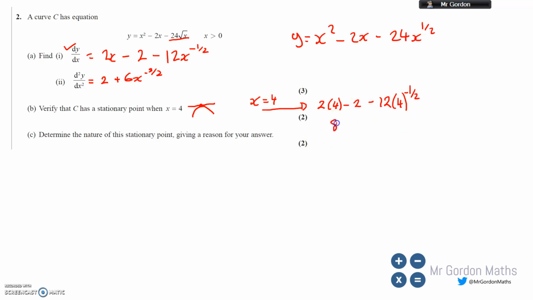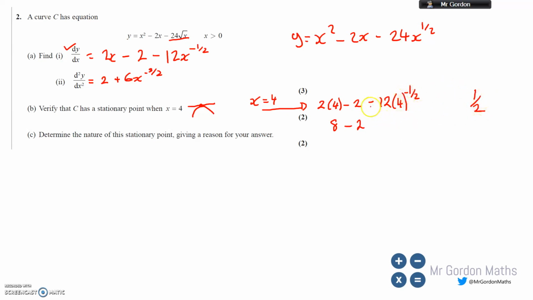Okay, and what does that look like really? So you've got 8 minus 2, and this needs to be sorted out. So the square root of 4 is 2, and 2 to the 1 is 2. A minus 1 means you take the reciprocal, doesn't it? So this index part here is going to give us a half. Okay, because square root of 4 is 2, 2 to the 1 is 2, and the minus takes the reciprocal.